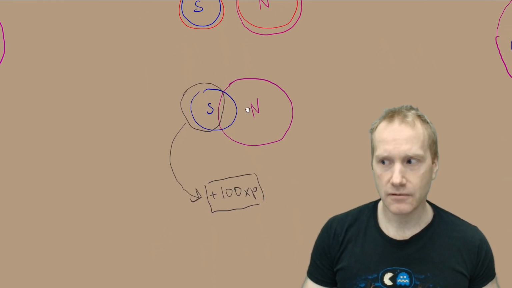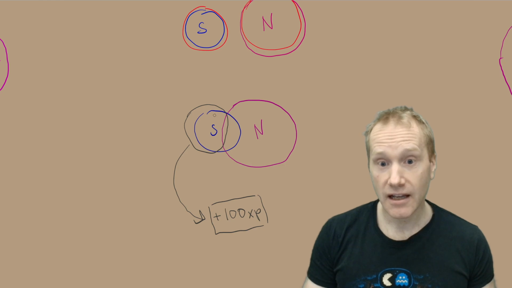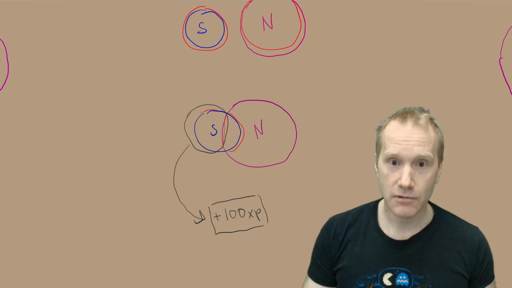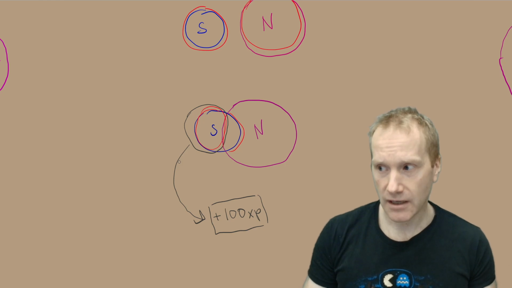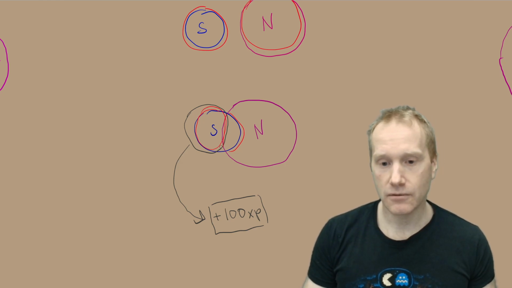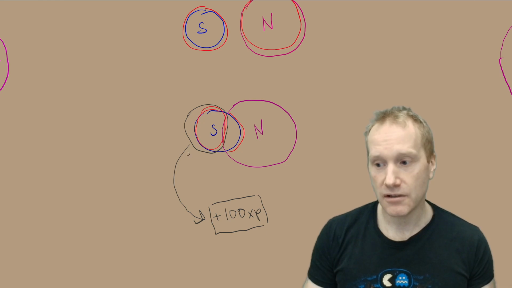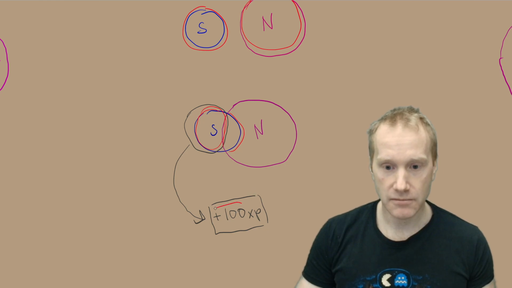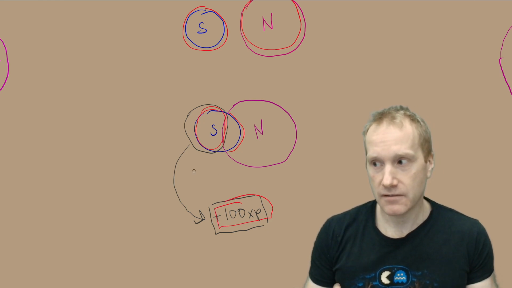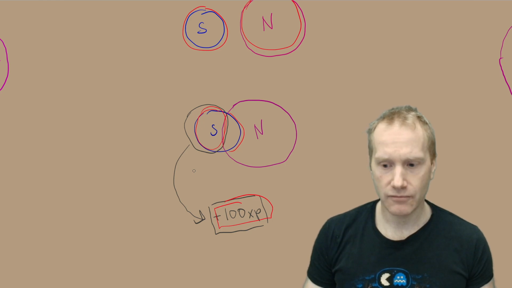Another thing that can happen is that you have some overlap, but some of the systems are very abstract. For instance, in an RPG, you can say that you gain 100 experience points. There's no narrative layer to that.